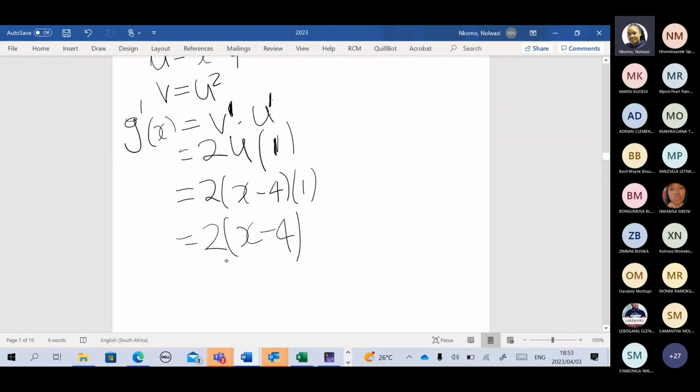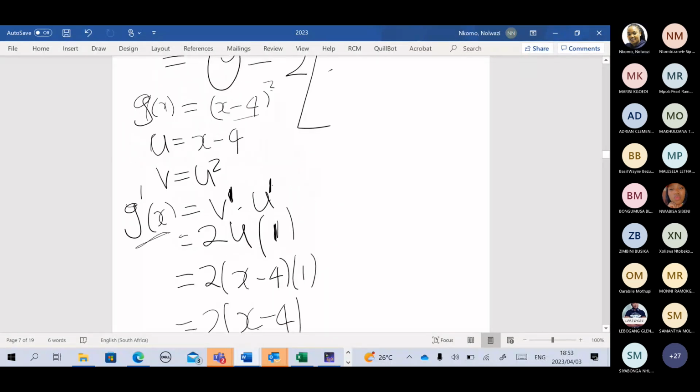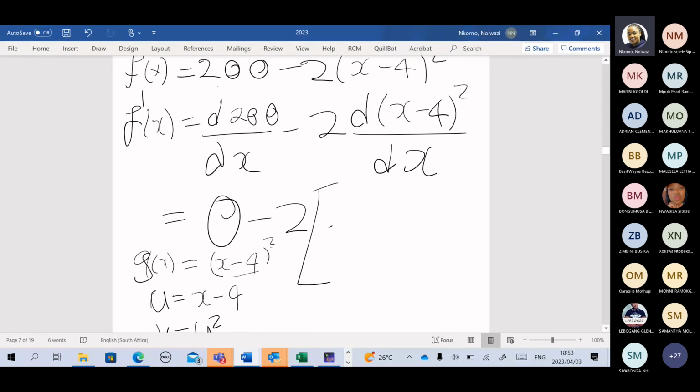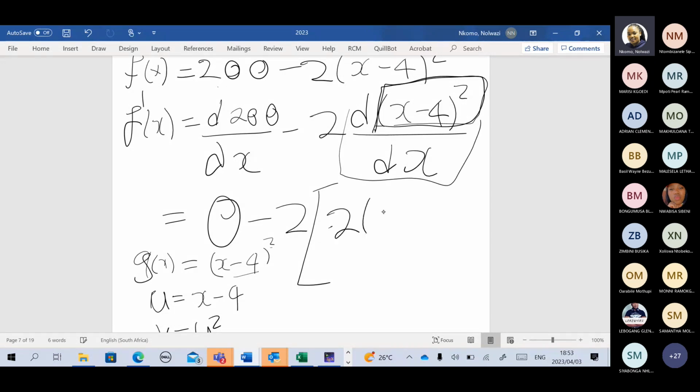We said our g prime is 2 into x minus 4, because if this is our g and we differentiate it to get g prime, we get 2 into x minus 4, right?